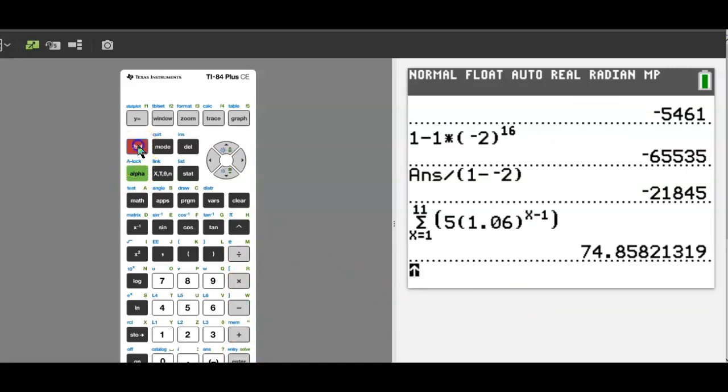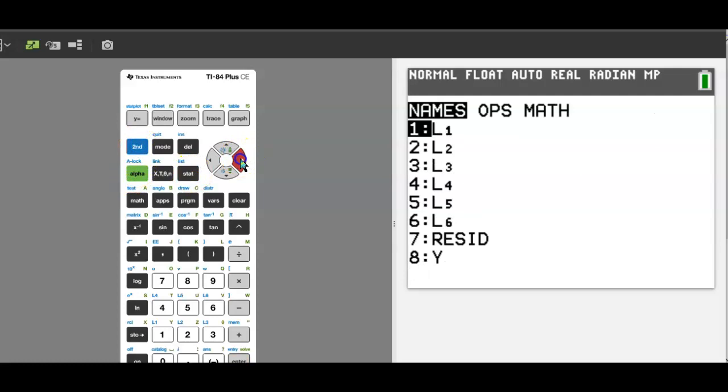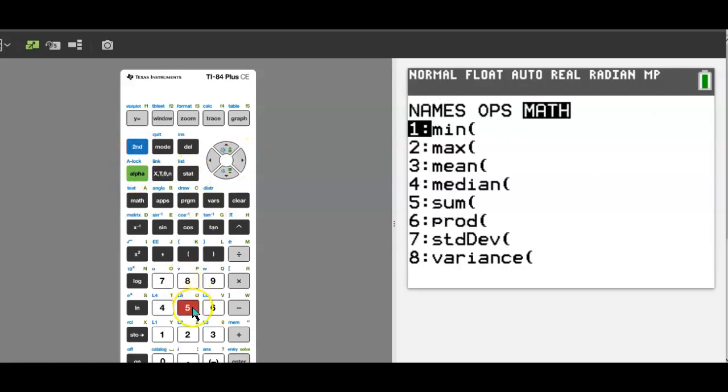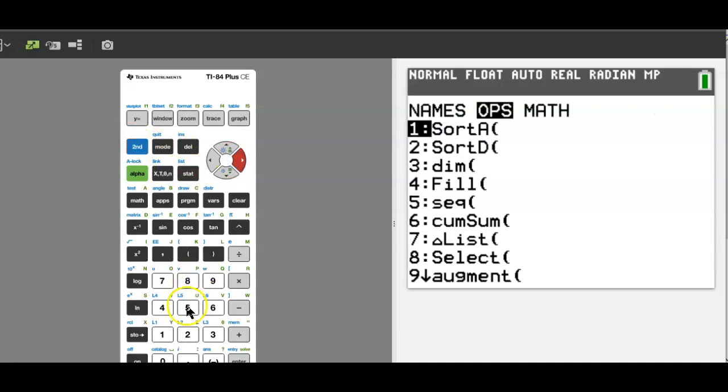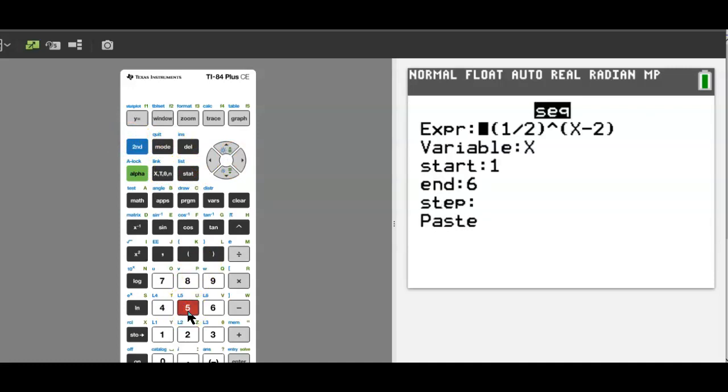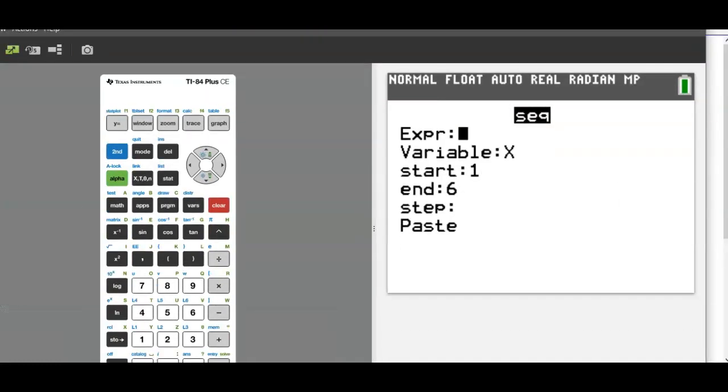Remember, the other way to do that is list, math, sum. List, ops, sequence. Then this particular one, the expression was 5 times 1.06 to the n minus 1, and I'm pretty sure you need parentheses around that.